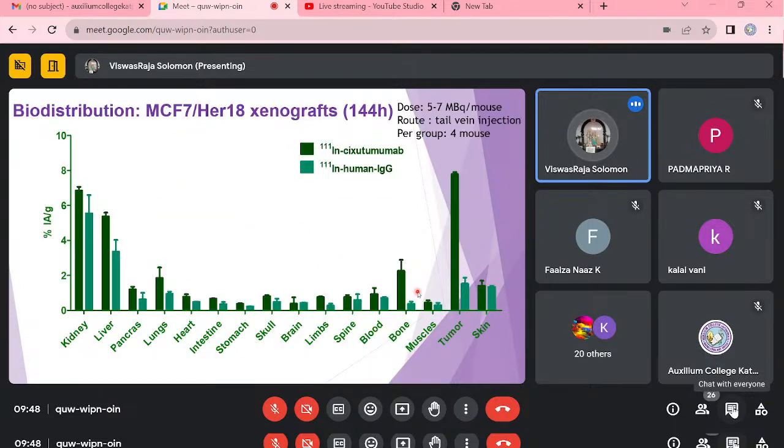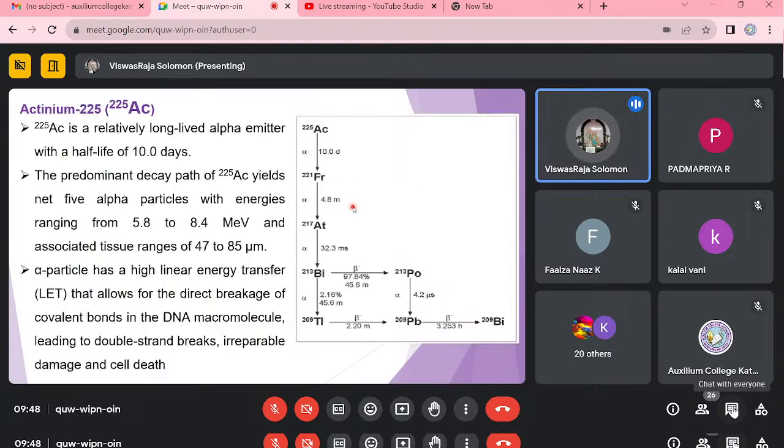At the end of the imaging studies, we did biopsy studies. See the clear-cut difference. The tumor uptake is very selective compared to the negative control of human IgG. That's why we decided to label with this tracer. Whatever bioconjugate we labeled with indium, we can use the same bioconjugate and label with actinium. That's why we call it theranostic.